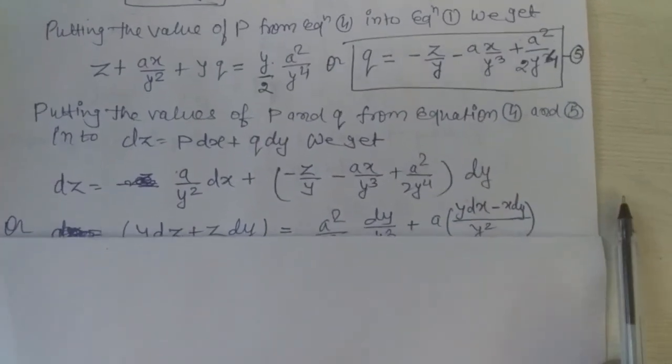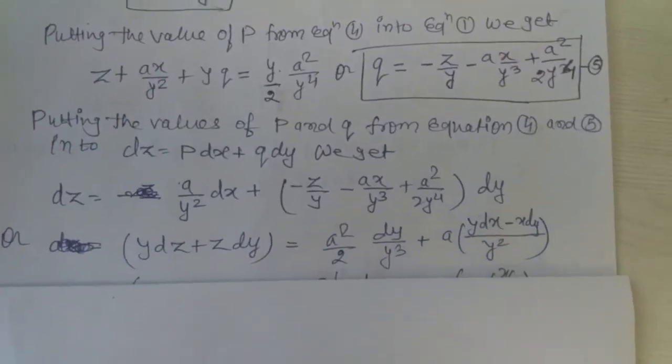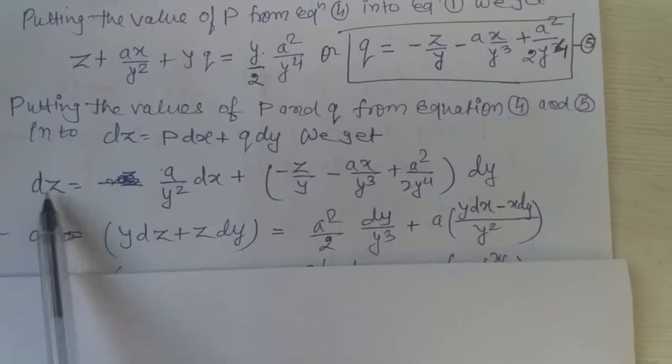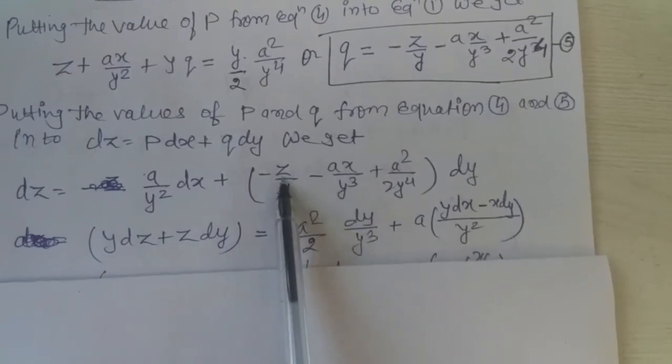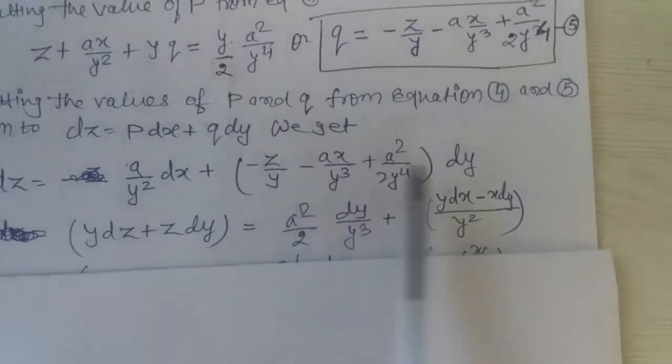Now from this relation, we multiply this whole expression by y. So we get y dz, and from here when we multiply by y, the y is cancelled and we get minus z dy.